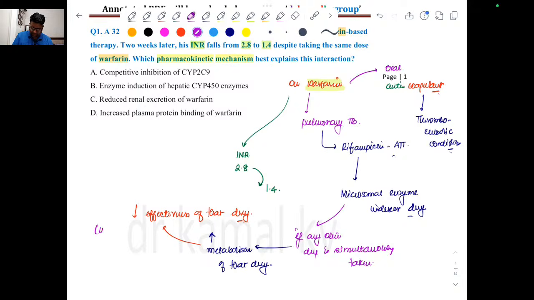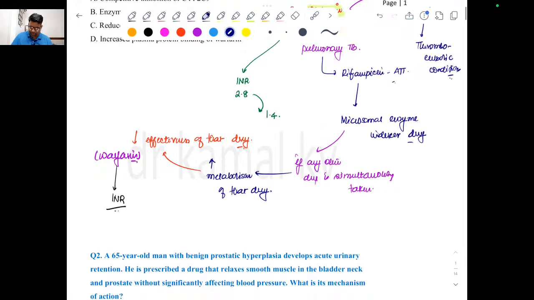Here the drug in consideration is warfarin, and how do we check the activity of warfarin? This is done by monitoring INR. If INR is more, that means there is more anticoagulation.